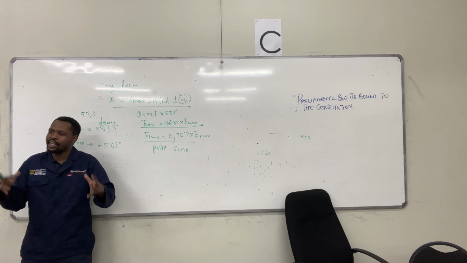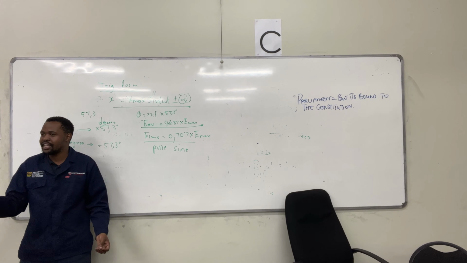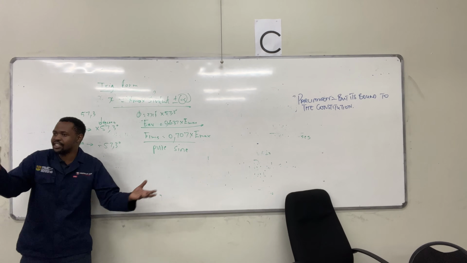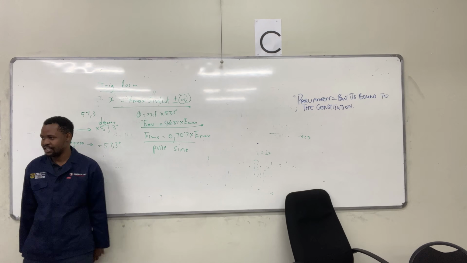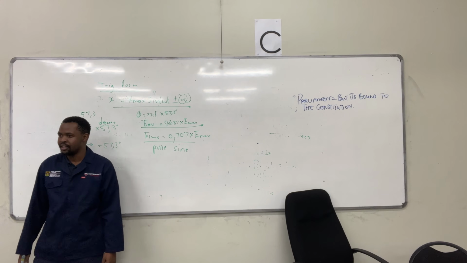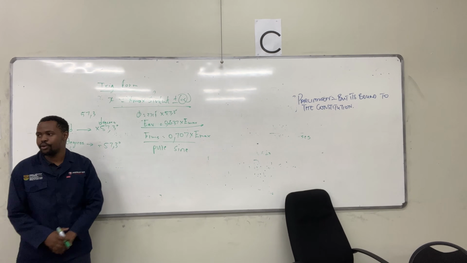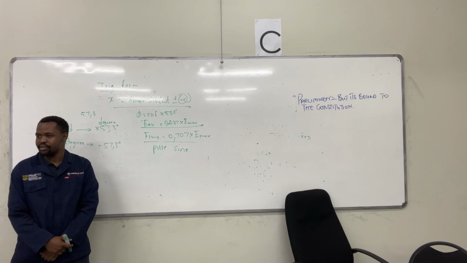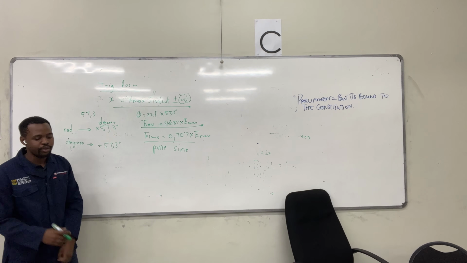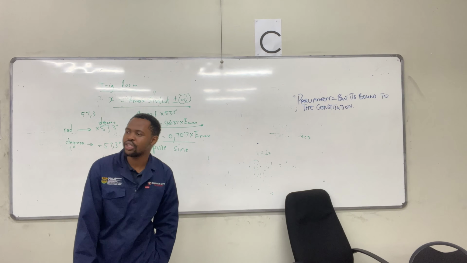For example, at high school they used to say ignore drag or ignore friction, but practically it is there. You cannot ignore it. So these formulas are only for a pure sine wave. You will see when we get to N6 where we talk of non-sinusoidal waves.